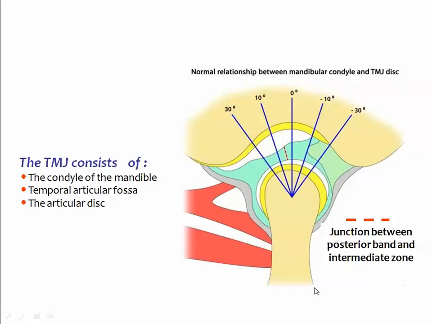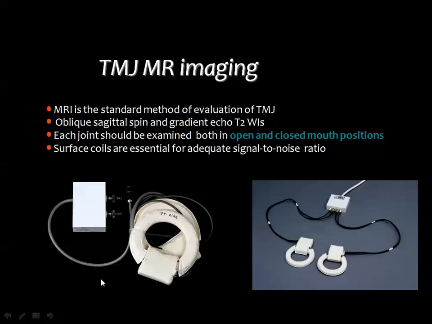The temporomandibular joint has three main components: the head of the mandible or the mandibular condyle, the articular fossa on the temporal bone, and the very important structure in between, which is the articular disc. In order to examine the temporomandibular joint by MRI, we should have a dedicated surface coil which enables us to examine both temporomandibular joints at the same time.